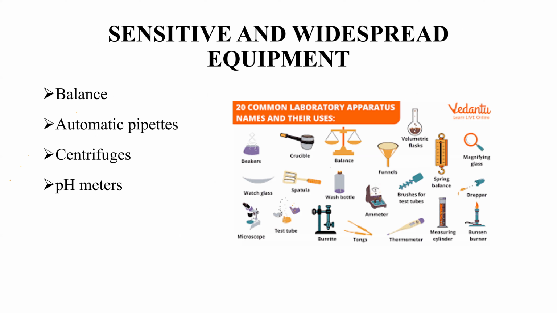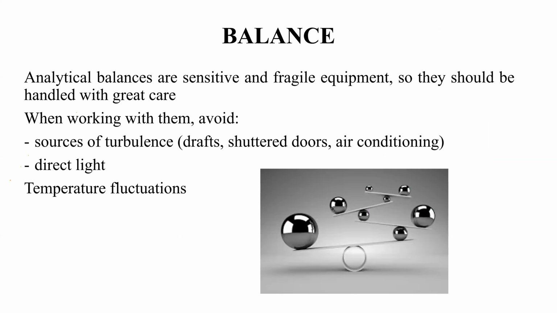The next practical part focuses on some very widespread and very sensitive equipment in the lab. We will talk about the balance, automatic pipette, centrifuge, and pH meters. Let's start with the balance.